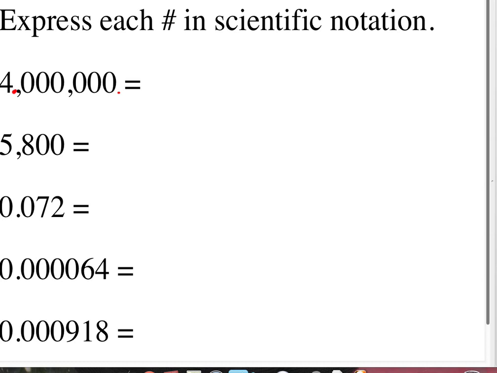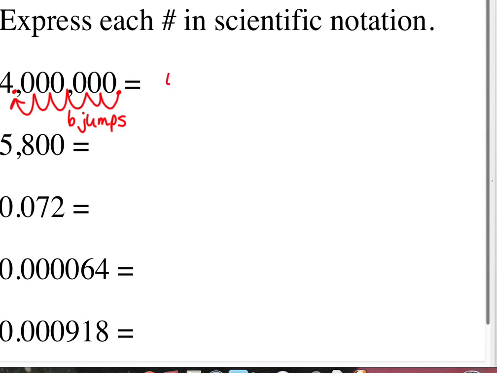Nothing higher than the ones place is being occupied by the time you stick that decimal where it needs to be. Okay? So, we got the decimal here on the right, and it needs to bounce its way all the way over to the left. How many jumps is it going to take to get there? Let's count. 1, 2, 3, 4, 5, 6 jumps. Guess what we just figured out? The exponent on the 10.